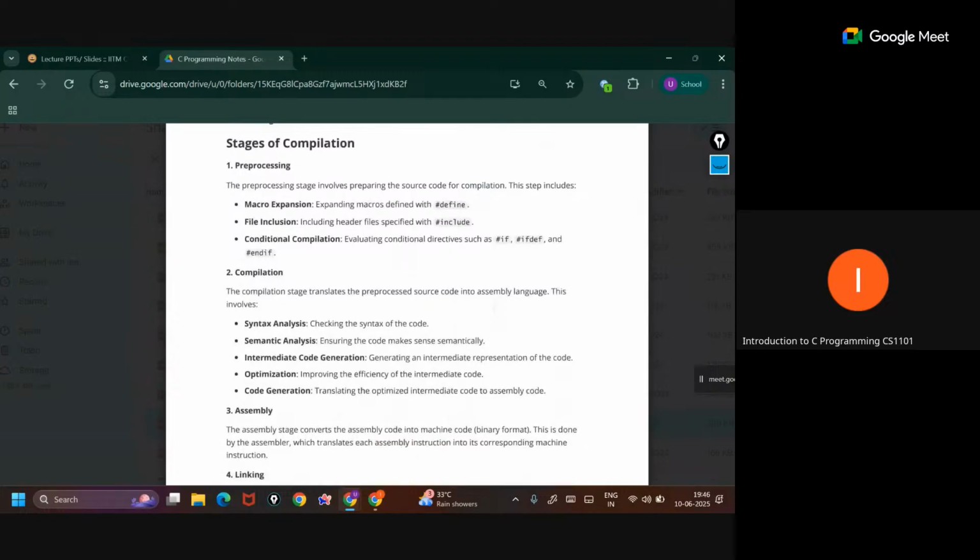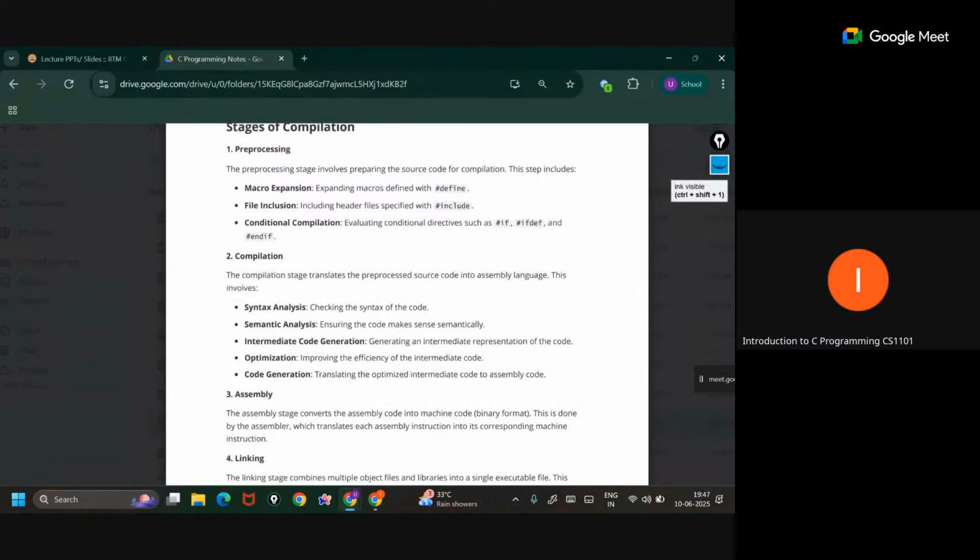And next is the compilation. Compilation means converting the pre-processed code into assembly level code. In that stage it will check the syntax and semantics, and then intermediate code optimization and code generation will come.